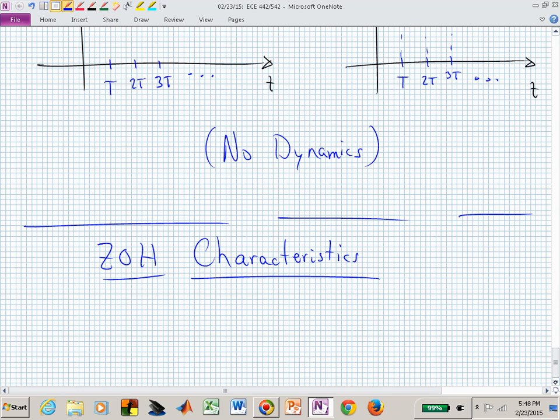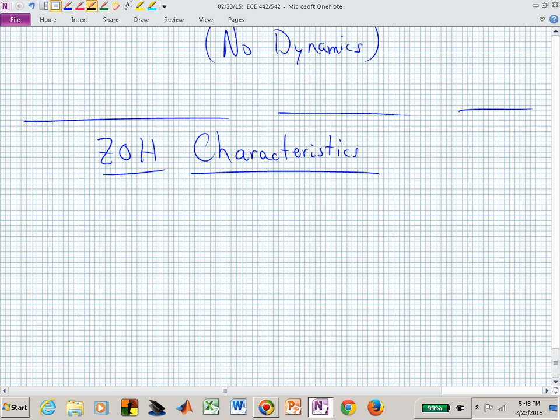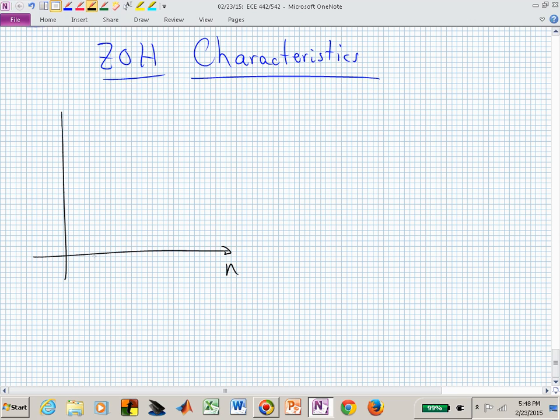Let's say here is the time axis, with these instances of time on the left. This is now u of n.